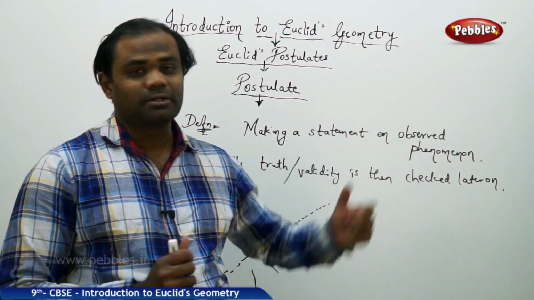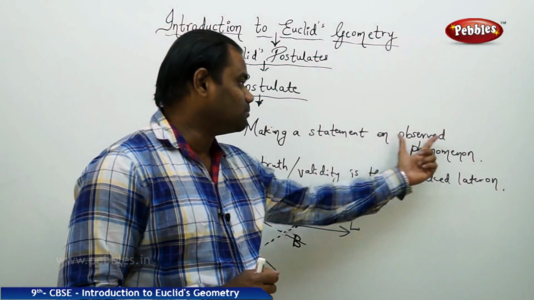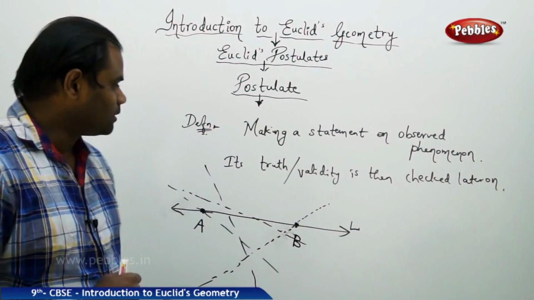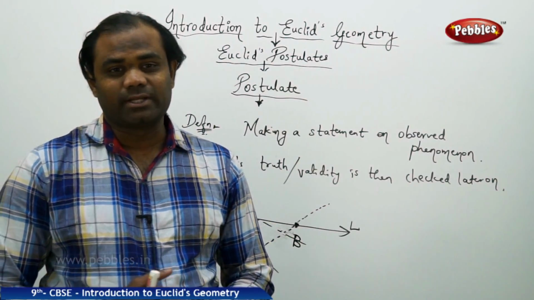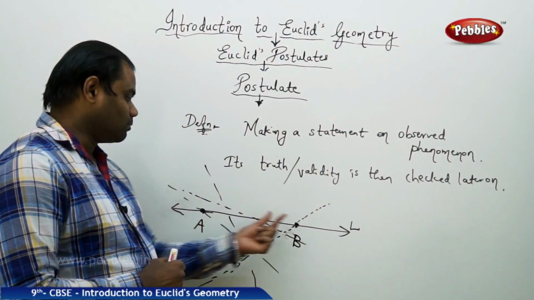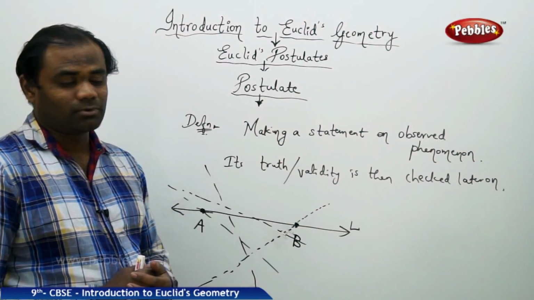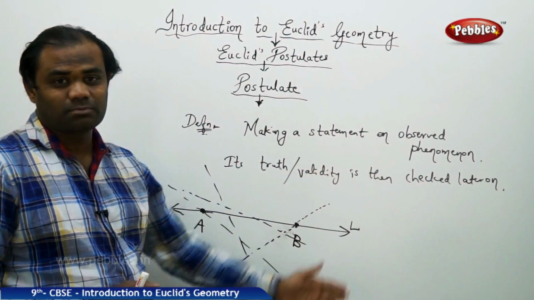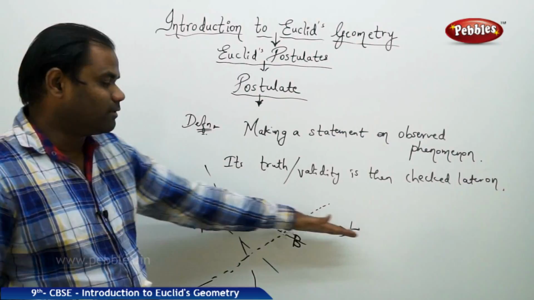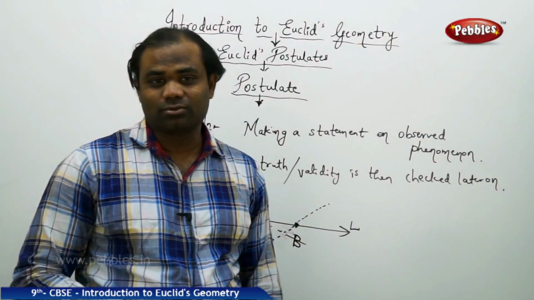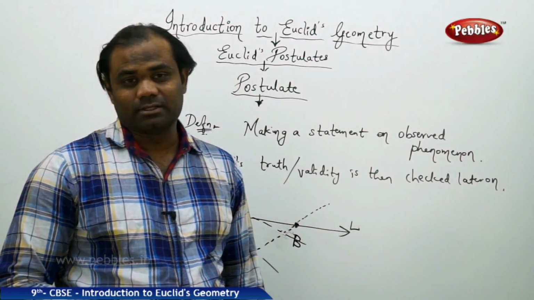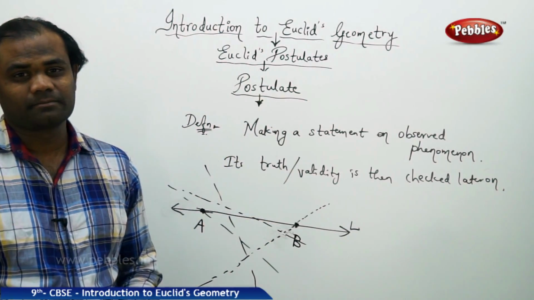That makes my statement, which is on the observed phenomenon. Now comes its truth and validity, which is checked later on. So I take the plane, plot the 2 distinct points, and then try to make different lines possible. Then I check the validity, that yes, there's only one line which can pass through the 2 points, and hence it is called a postulate.